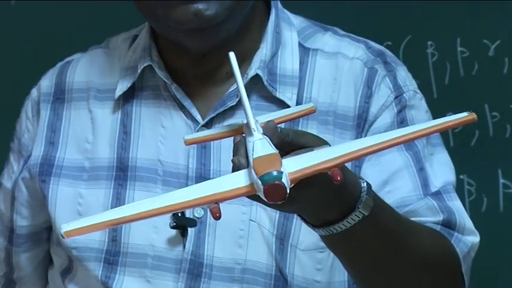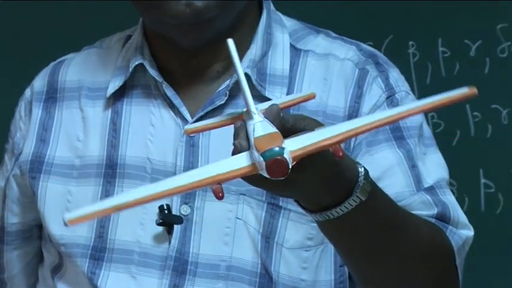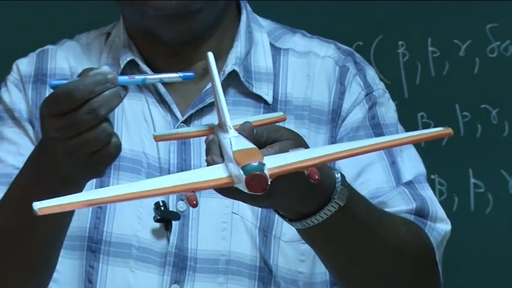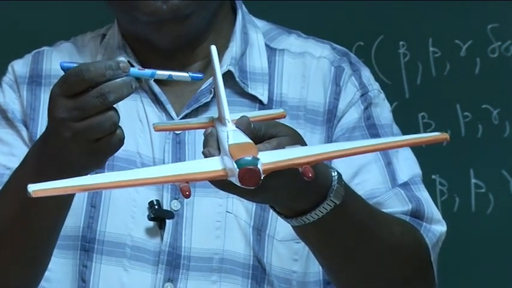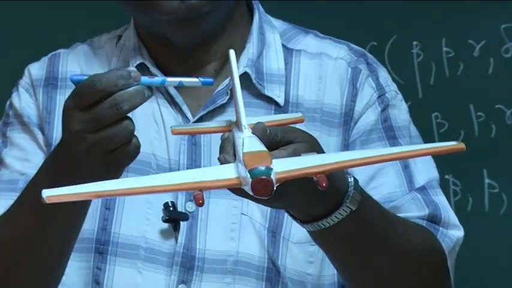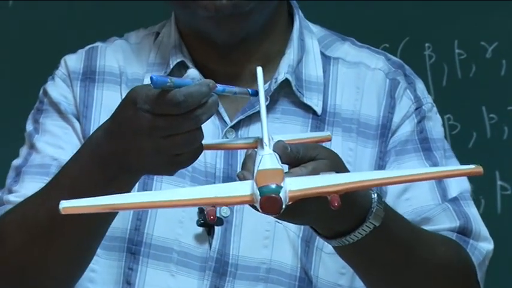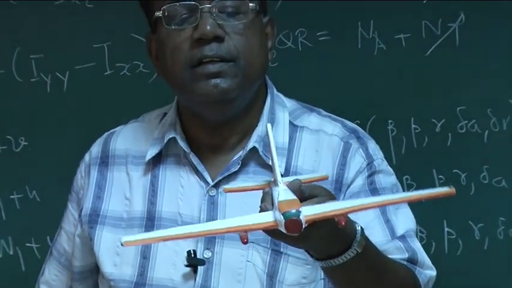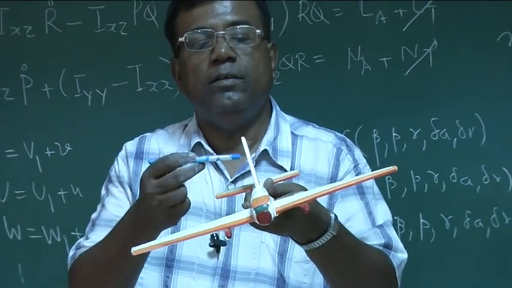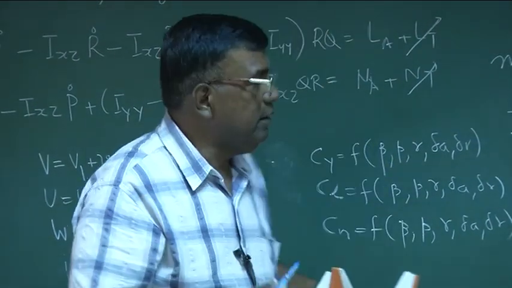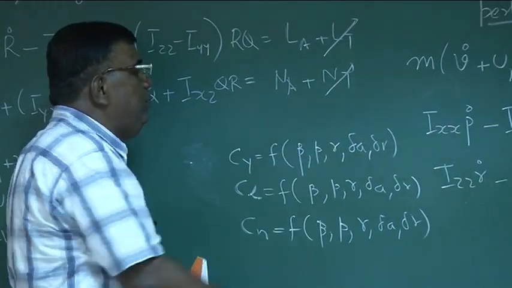A second thing you should understand: as it is rolling with P, there is a relative air speed that the vertical tail will see, which will be P into this distance, and as it is moving forward, it will actually give a beta. So from simple common sense, if it is rolling like this, the vertical tail will push the air this way and experience a force in the negative y direction. So we agree it is a function of P also.